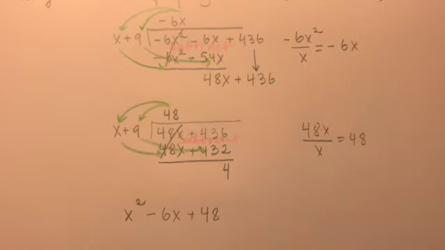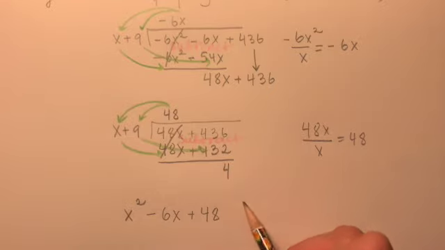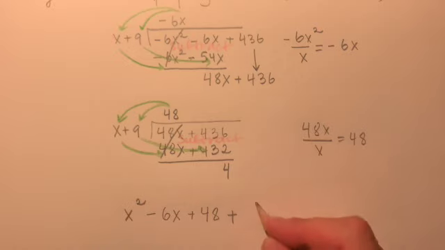Finally, we need to incorporate this 4. This 4 is the remainder. To write it inside of your answer, you're going to match with the sign of our 4 is positive, so we're going to write plus, but if it was negative, you would write minus. And place it over our divisor, which is x plus 9. You're done.